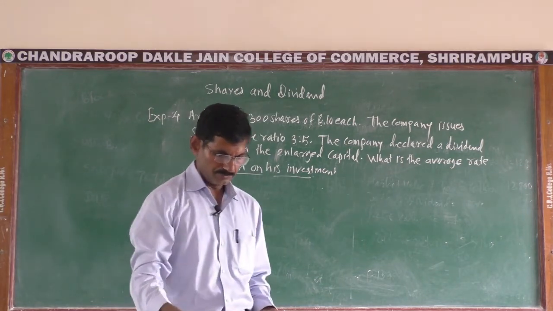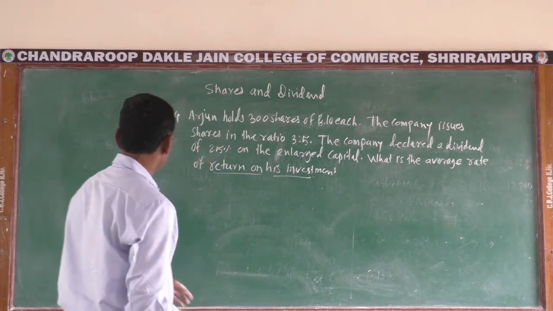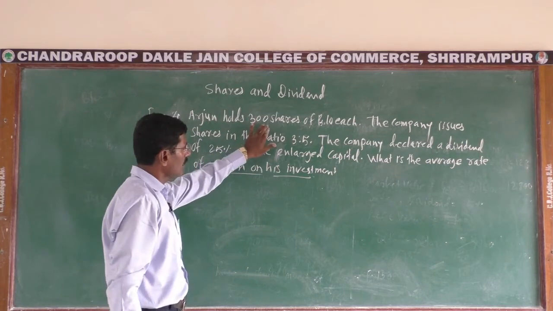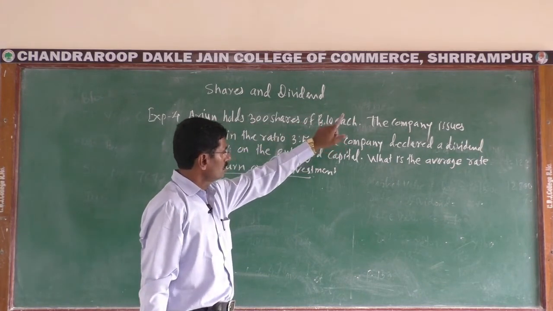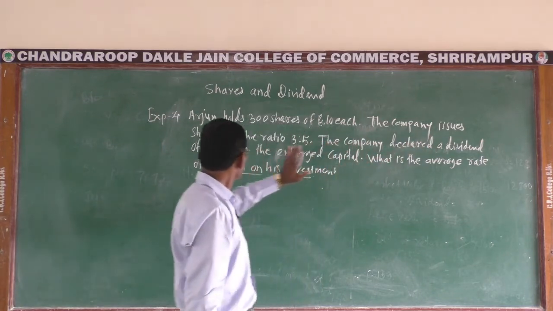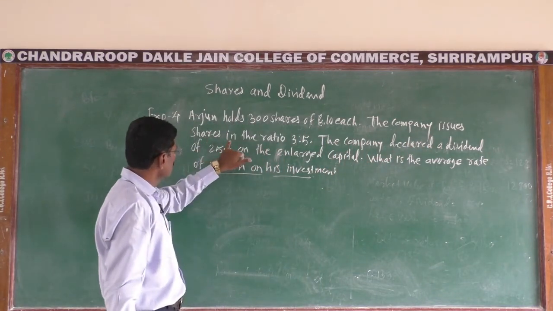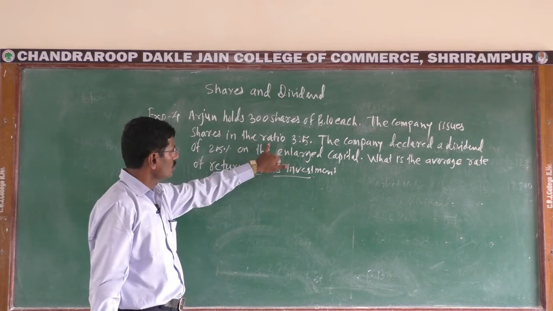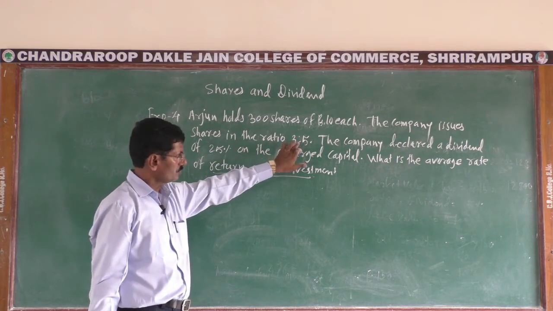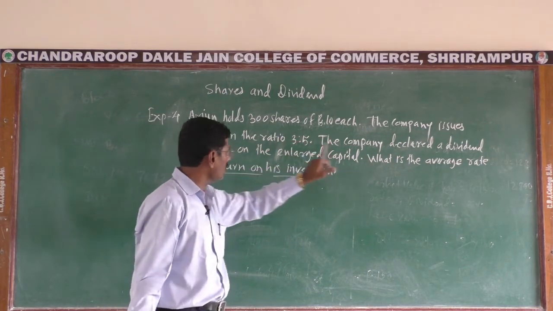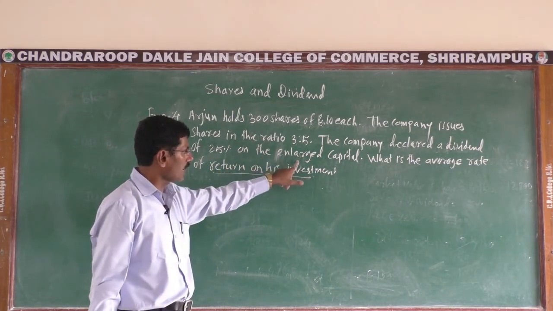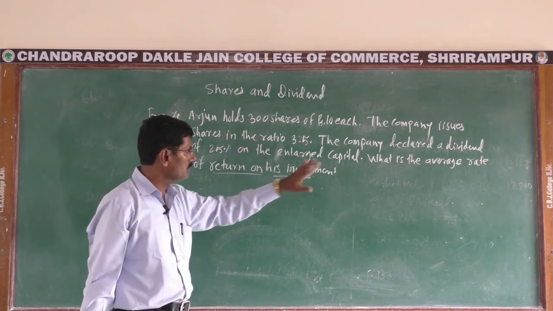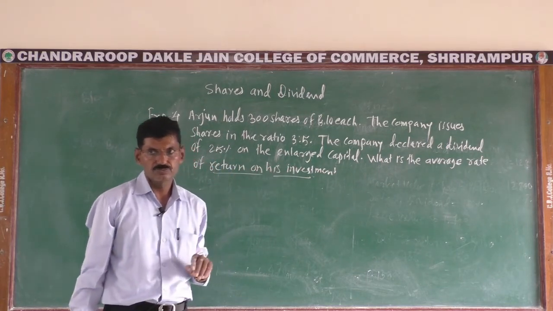Okay, see here. Arjun holds 300 shares of rupees 10 each. The company issued shares in the ratio 3:5. The company declared a dividend of 25% on the enlarged capital. What is the average rate of return?